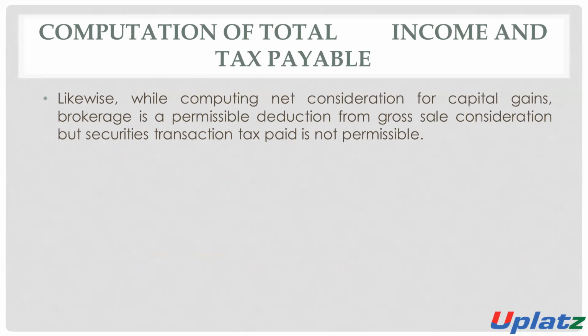When we compute the net consideration from capital gain, in the case of capital gain, when we compute the net amount of consideration, then brokerage is a permissible deduction from the gross amount of sale consideration when there is a sale of any capital asset, and we will calculate the amount of capital gain. So from such sale consideration, we will deduct the amount of brokerage.